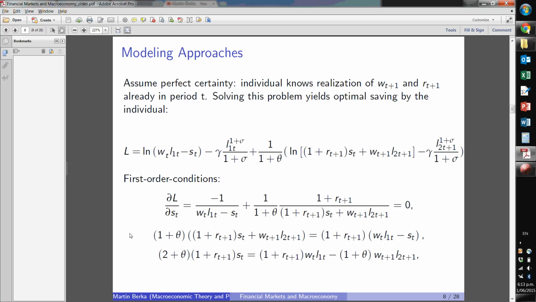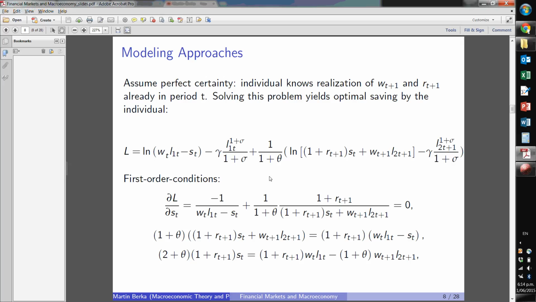So with the log of WL minus S, the derivative of a log is 1 over what's inside, and then the derivative of the expression with respect to S is in the numerator. So, a chain rule: it's just minus 1 divided by W1L minus S, right?